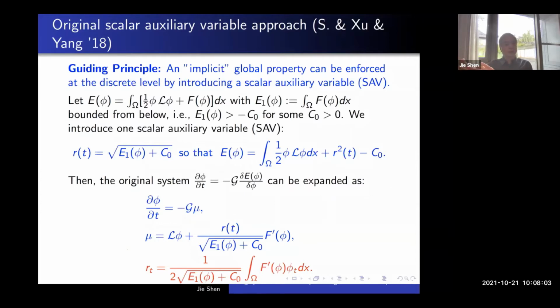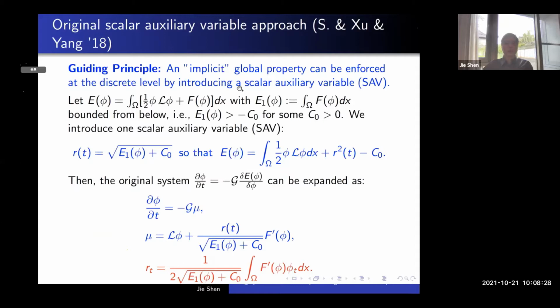The energy dissipation is a global property, and the mass conservation is also a global property. So any implicit global property, you can enforce at the discrete level by introducing a scalar auxiliary variable. Okay, so that's our guiding principle.